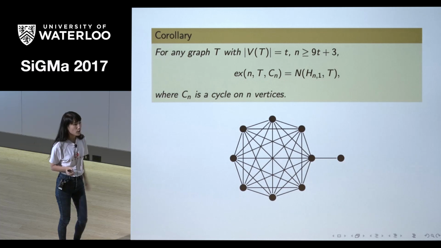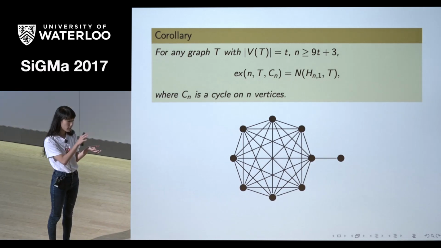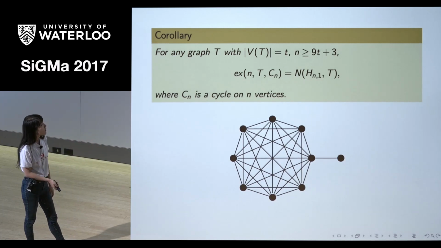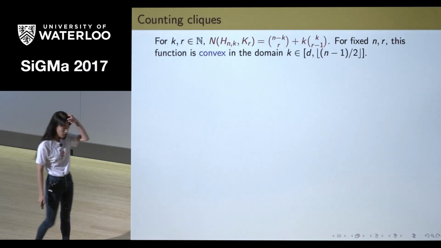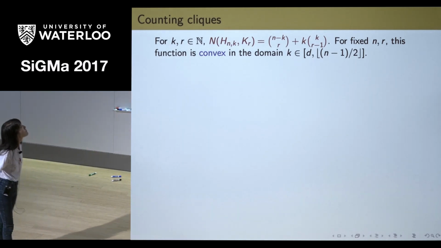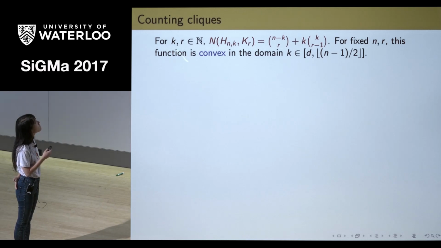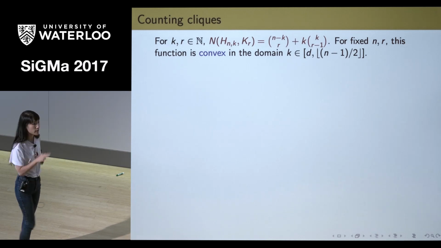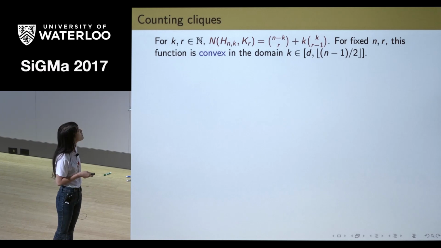So in general, it's kind of hard, if you have some arbitrary T, to calculate the number of embeddings of T into some host graph. But in the case where T is a fairly nice graph, we can get some stronger results. So for example, let's count the number of cliques inside our non-Hamiltonian graphs. So, okay, for k, r integers, the number of copies of K_r in our H(n,k) graph: we have some clique of order n minus k, so we can get n minus k choose r from there.